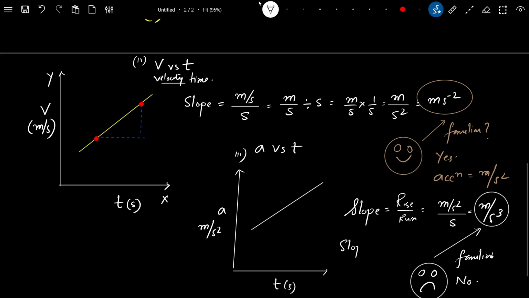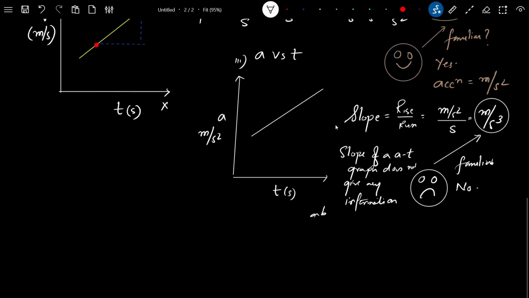So the slope of an AT graph does not give any information about any parameter of SUVAT.